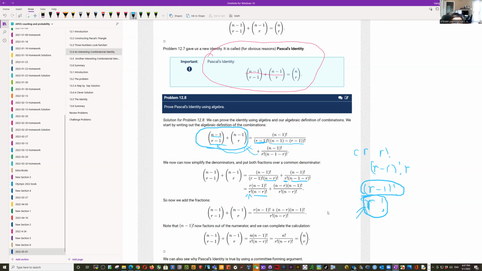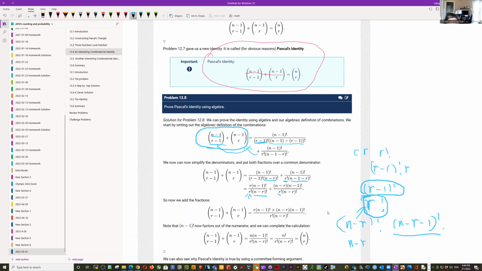All I did is multiply n minus r, because n minus r factorial compared to n minus r minus 1 factorial is just one factor short. The short factor is n minus r. So it's just multiply n minus r on this term.